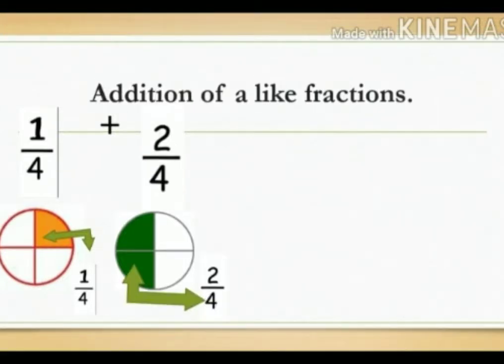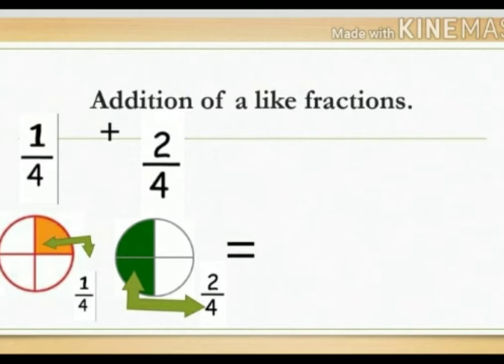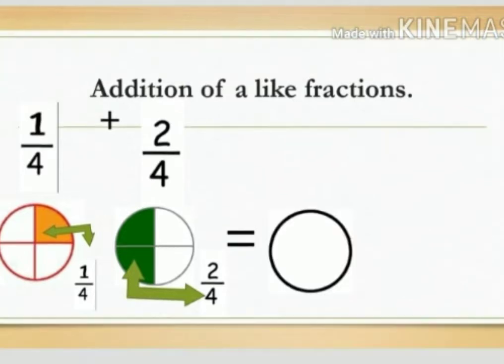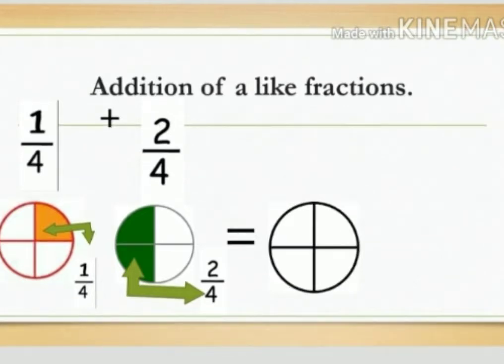So if you add them, what do we have to do? I'll draw one more circle over here. Both of them are divided into 4 equal parts, so I'll divide this also into 4 equal parts.